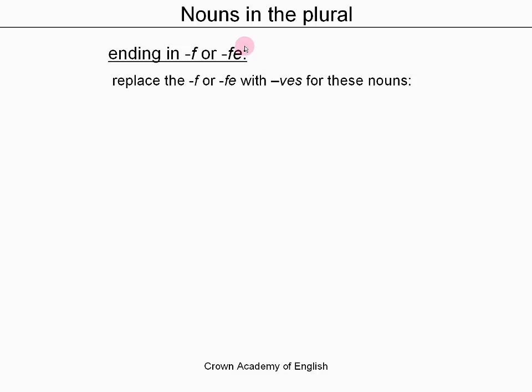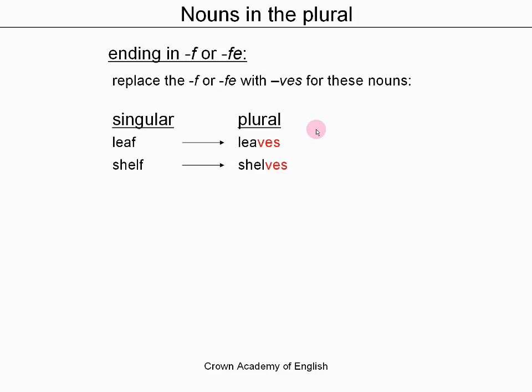So the nouns which you are going to see now, the rule is that we replace the letter F, or if it is FE, we replace that with VES. Example: leaf, leaves, shelf, shelves. And listen to the pronunciation. Okay, the pronunciation, we must hear the letter V in the plural.